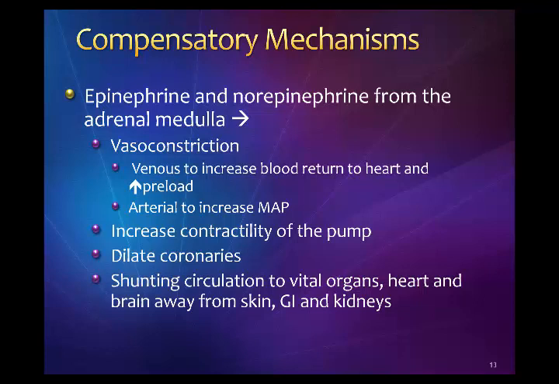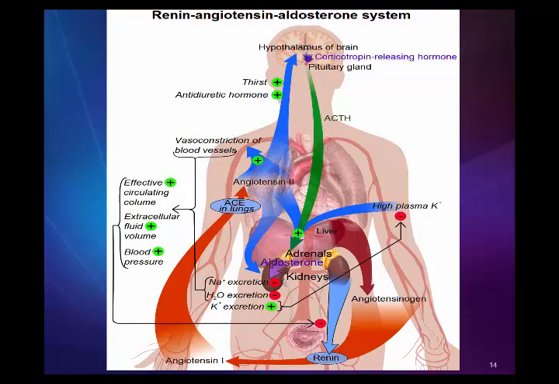We also want to increase contractility of the pump. That will help as well. So epi and norepi will help with that process, as well as dilating the coronary arteries. And we'll start shunting only to the vital organs, heart, brain, and away from the skin, GI, and kidneys. So this picture is quite complex, but I just point out a few things for you.